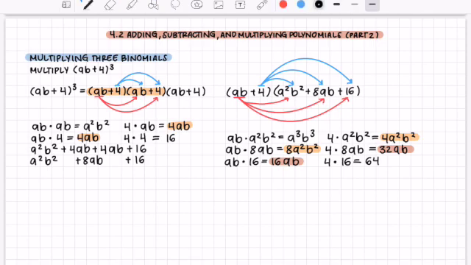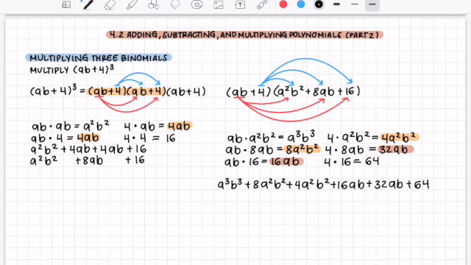So if I were to multiply it, I get a to the power 3 times b to the power 3 plus 8a squared b squared plus 4a squared times b squared, and then I also have 16ab plus 32ab plus 64.